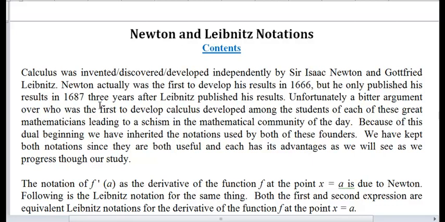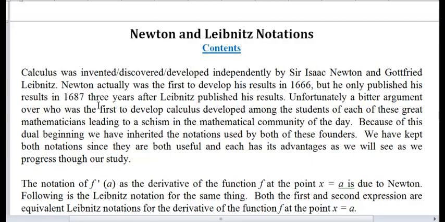Sir Isaac Newton is usually recognized as not only one of the top handful, 2 or 3 or 4 or 5, mathematicians of all time, but also one of the top 2 or 3 or 4 physicists of all time. Certainly one of the most important scientists and mathematicians ever. Gottfried Leibniz also was a very important mathematician, but Leibniz actually published his results 3 years before Newton published his, even though Newton developed his first.